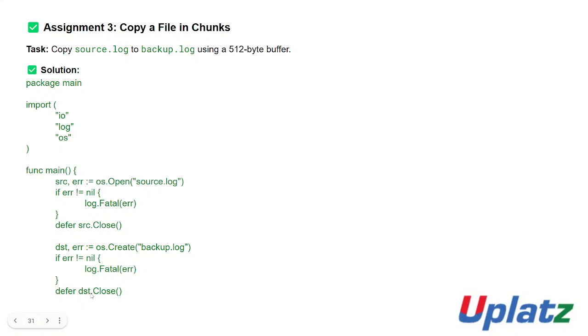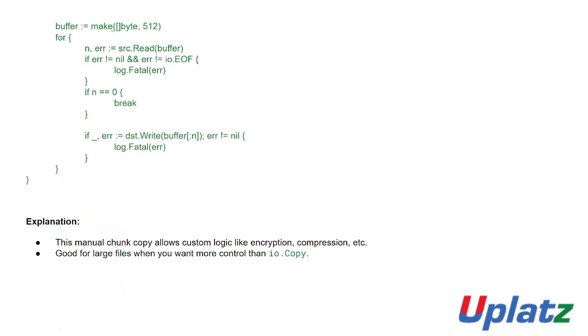Defer dst.Close(). Buffer := make a 512-byte slice. For, n, err := src.Read(buffer). If n is not zero... and if err != nil and err != io.EOF, that is end of file, then log.Fatal(err), otherwise break out if it is EOF.